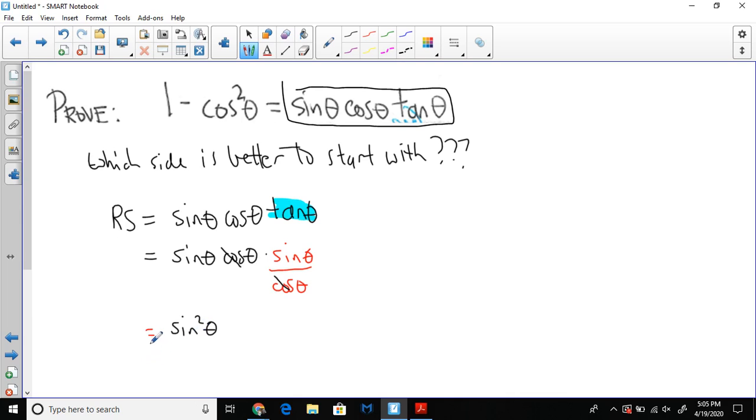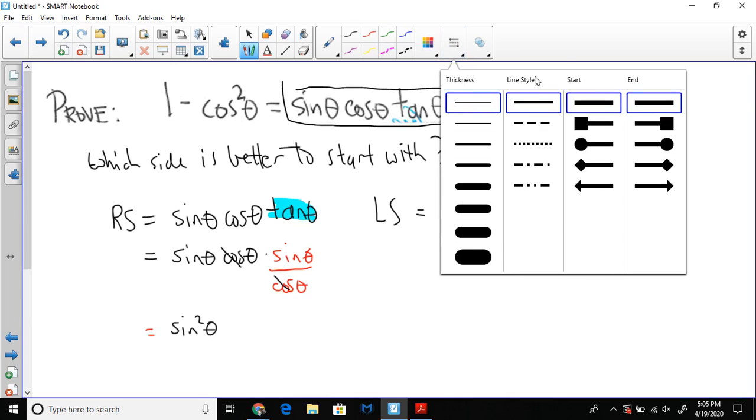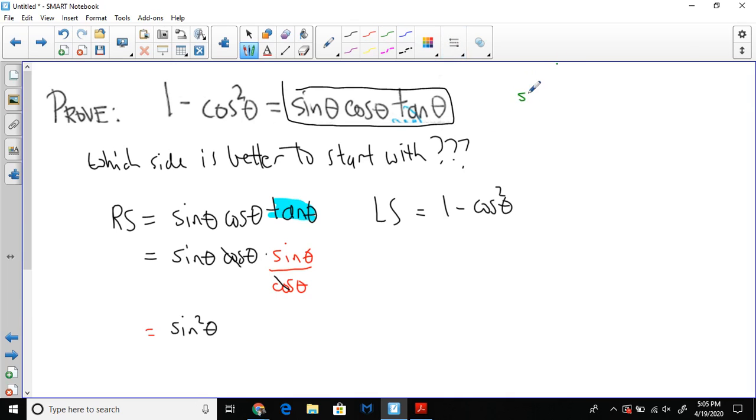And then if I look at the left side, what is it? The left side is 1 minus cos squared theta. But if you remember from the Pythagorean identity, where I had sine squared theta plus cos squared theta equals 1, sine squared theta is just 1 minus cos squared theta.